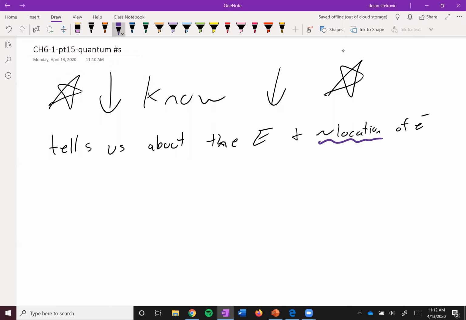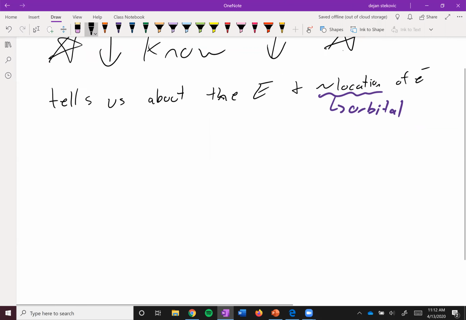This approximate location of an electron is what we call an orbital. You can think of an orbital as the home of the electron, where the electron is most likely found. And so it gives us this information about energy and location in terms of quantum numbers.